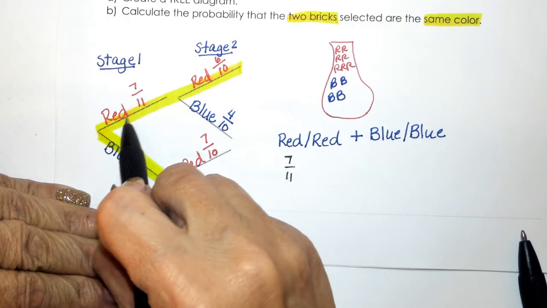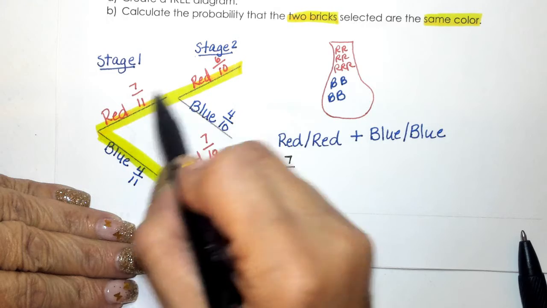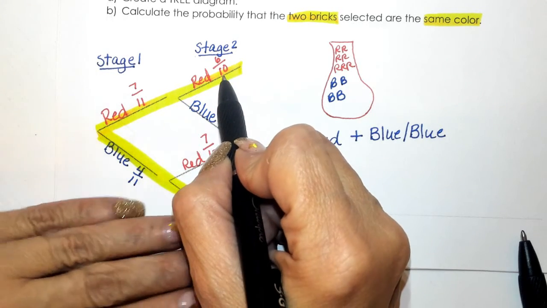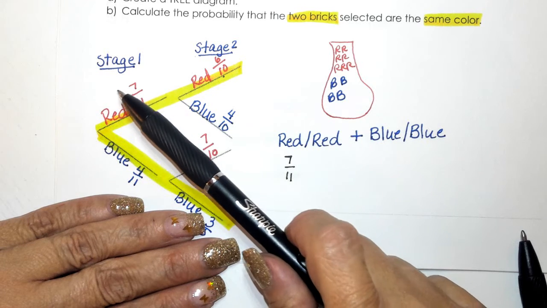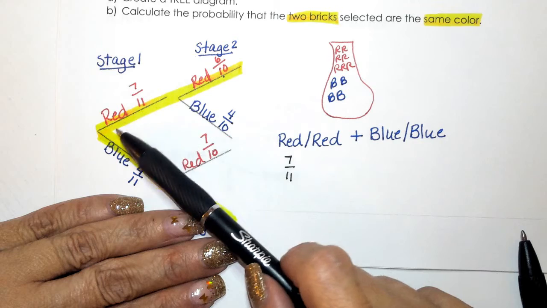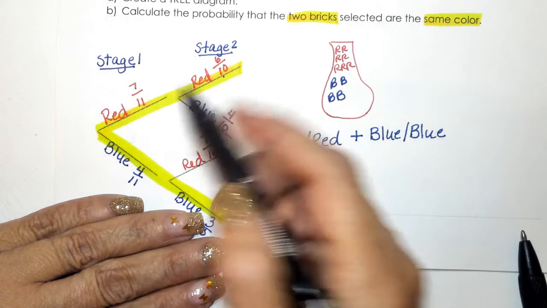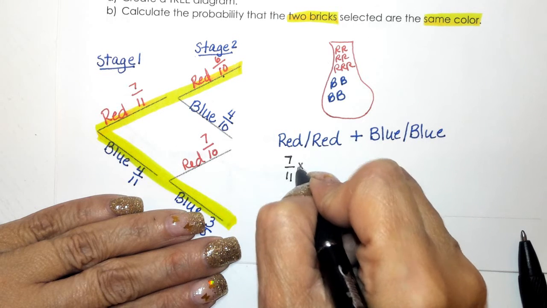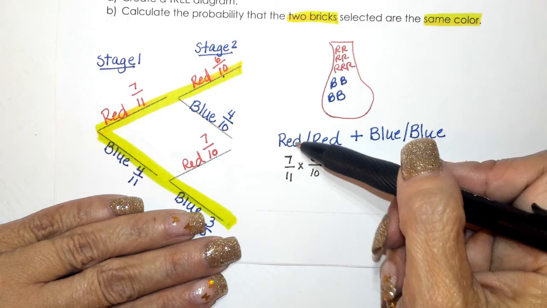Now, as I go up the tree diagram, 7 out of 11 chances here, and 6 out of 10 here. It's important to note that when you go up a tree branch, you multiply up. So as I'm going up 7 out of 11, I would say times 6 out of 10. This is the probability of red, red.